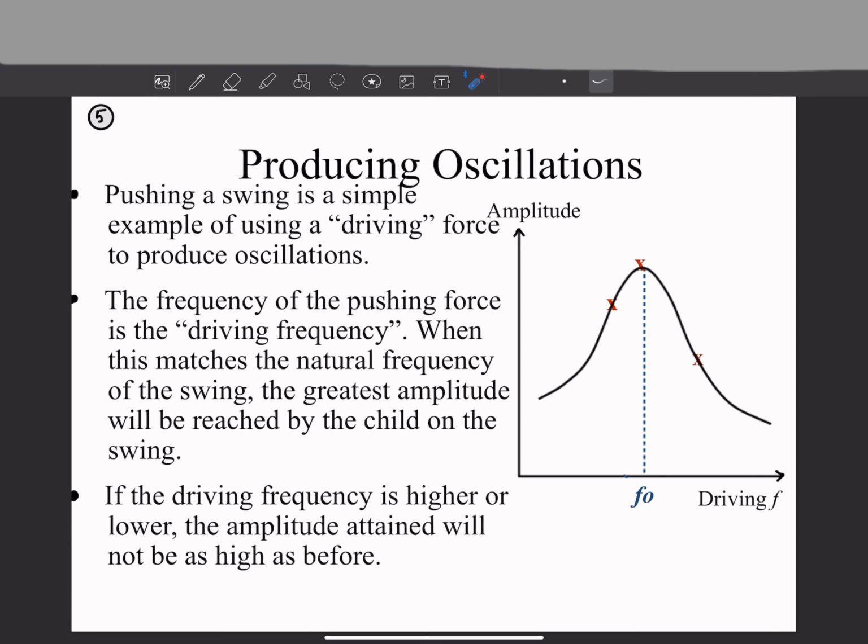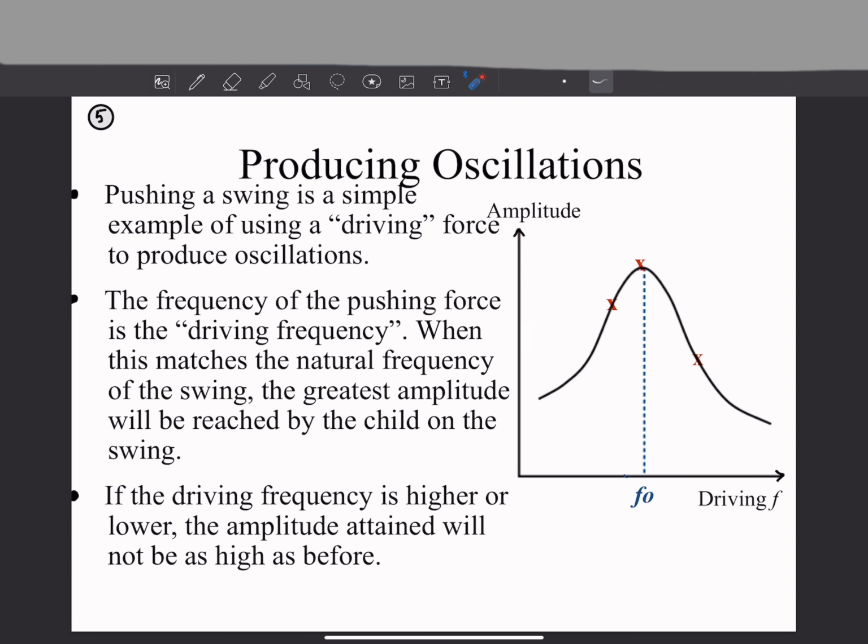The frequency of the pushing force, as we have just discussed, is nothing but the driving frequency. When this matches the natural frequency of the swing, the greatest amplitude will be reached by the child on the swing. Suppose you have the driving frequency along the x-axis, and the amplitude along the y-axis.